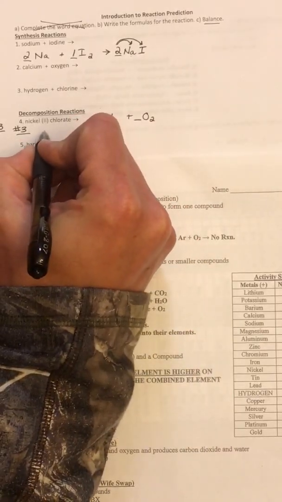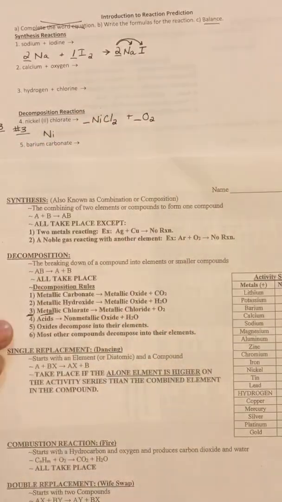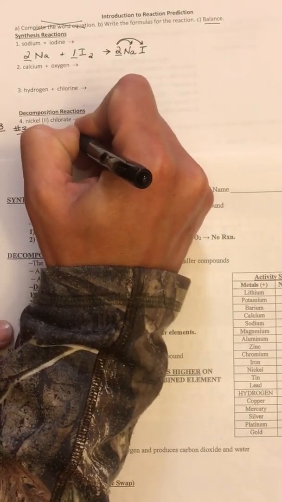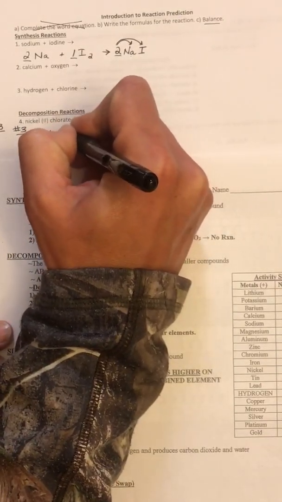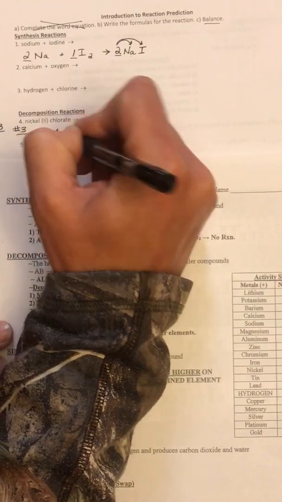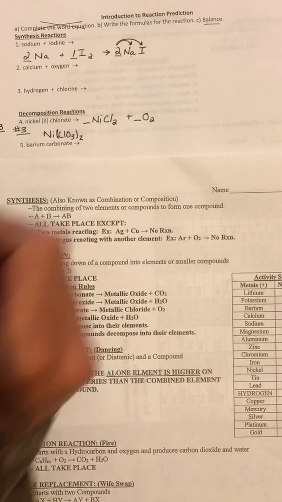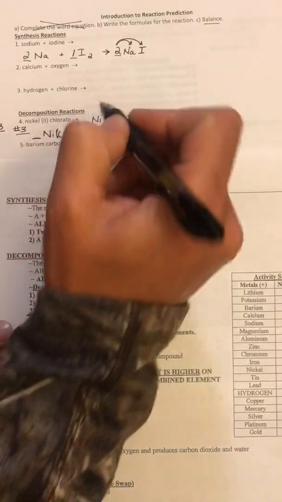Oops, I should have written the nickel 2 chlorate here. Chlorate is ClO3. I believe it is a -1 charge, so I'm going to need that out front.